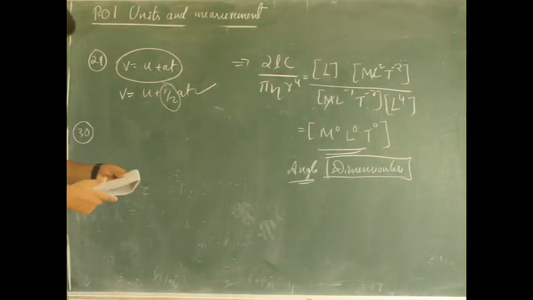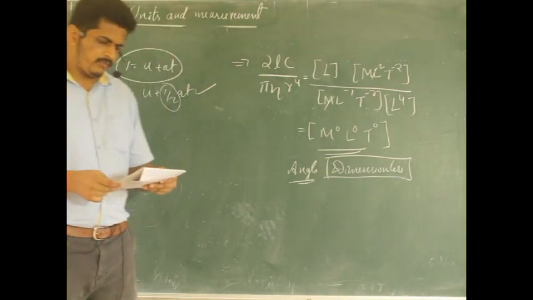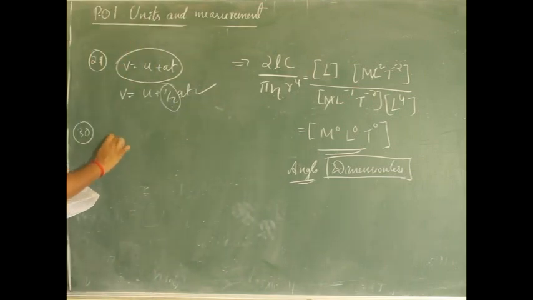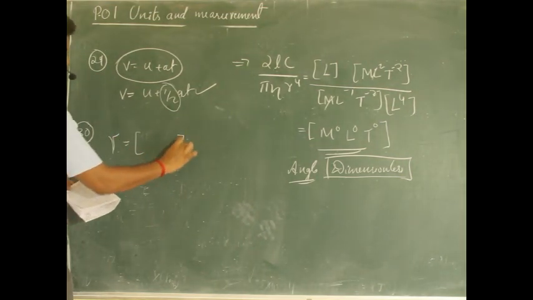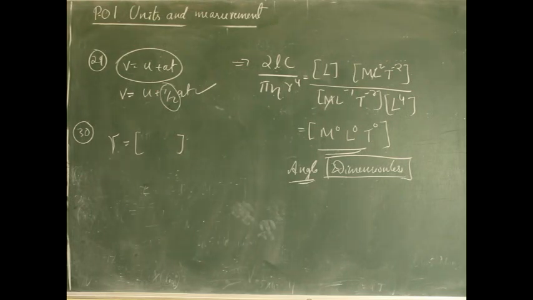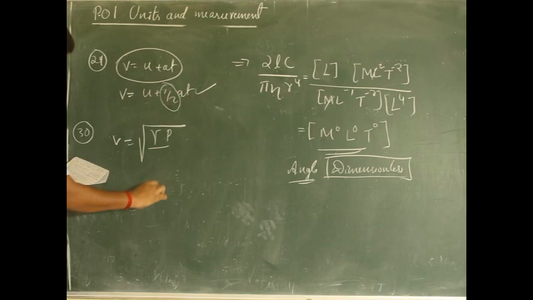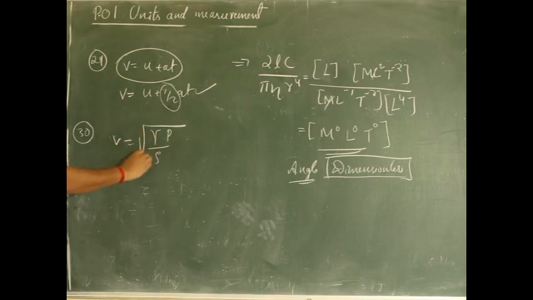Question number 30 asks for the dimensional formula of gamma in the relation. So we are required to find the dimensional formula of one physical quantity. I will just write down the equation they have given: velocity is equal to the square root of gamma P divided by rho, the Newton-Laplace correction for the speed of sound in air.